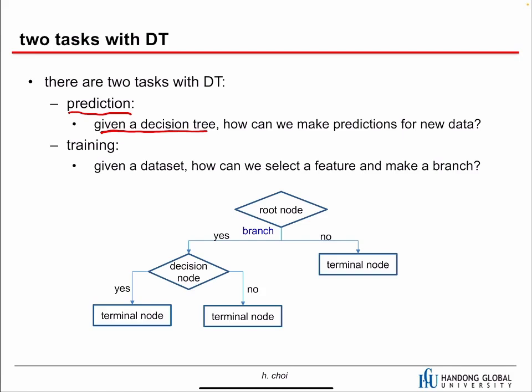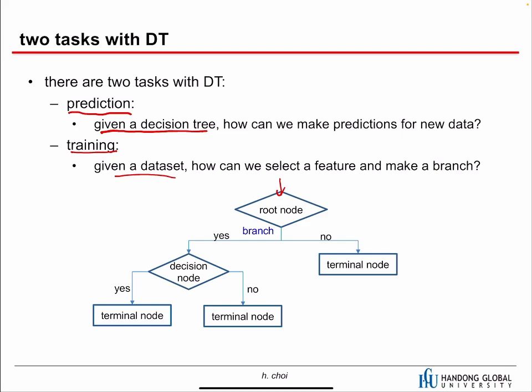So it's simple. The tree is already given, then we can just follow these branches. Okay, we can accept the question, and depending on the answer, then we can follow the branch. That's good. But the training is not as simple. Okay, so given a data set, how can we select a feature and make a branch?